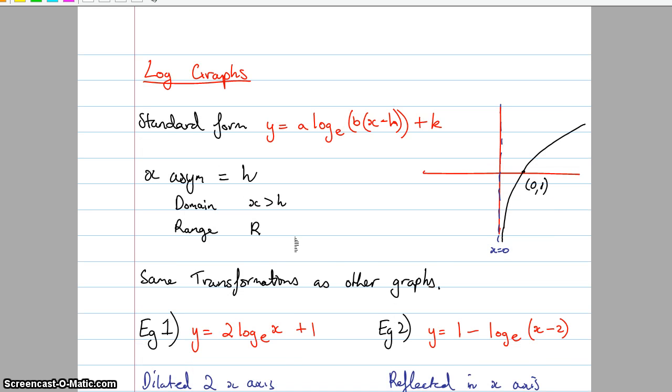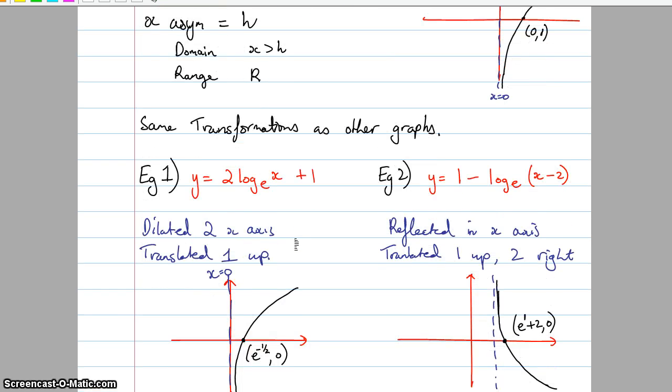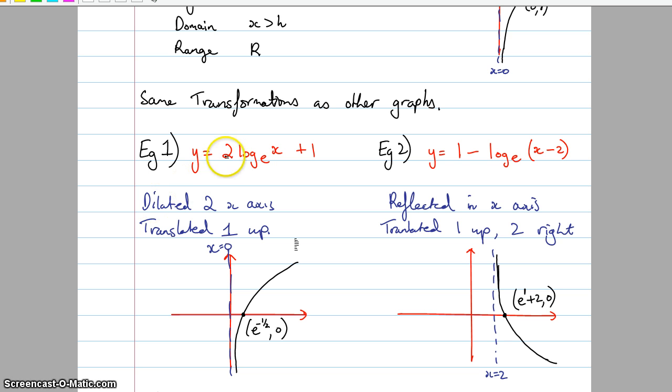Okay, so here are two examples. Let's look at the first one first because that's logical. This one has been dilated by a factor of 2 from the x-axis. So everything has been stretched away from the x-axis, and it's also been translated 1 unit up. Now for this, again, like the exponential graph, sometimes you can't tell the difference.